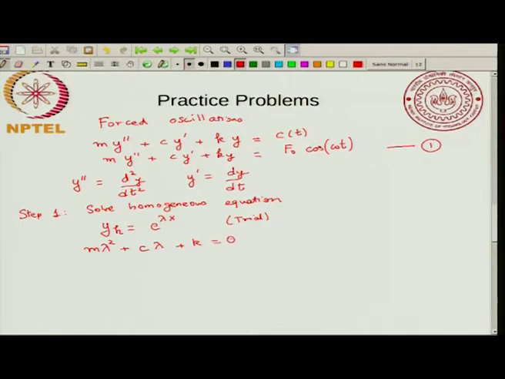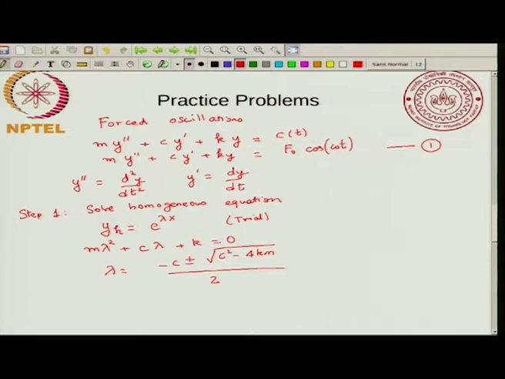That is the characteristic equation, and the solution depends on the values of lambda. You get 2 roots: lambda is equal to negative c plus minus square root of c square minus 4 k m, divided by 2.